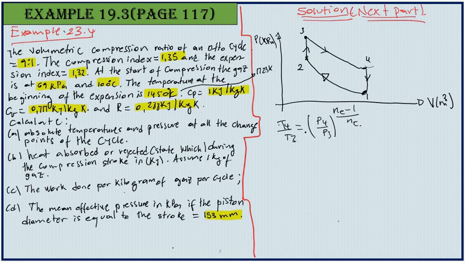We just need to bring T3 to the other side. So T4 is equal to T3 multiplied by P4 over P3 to the power of NE minus 1 divided by NE.